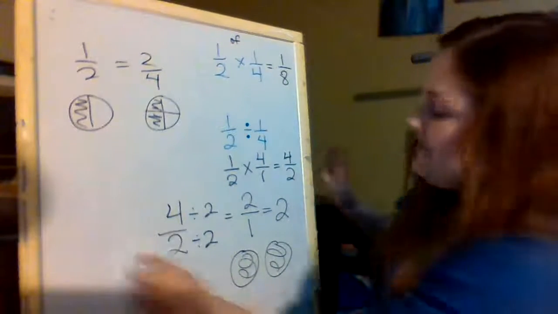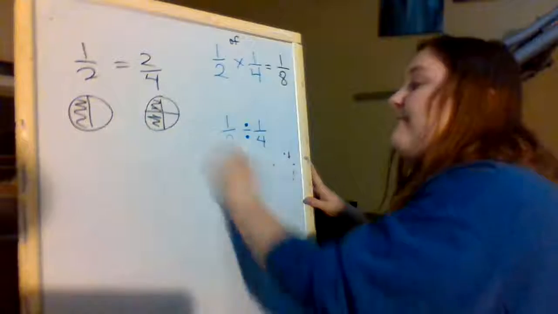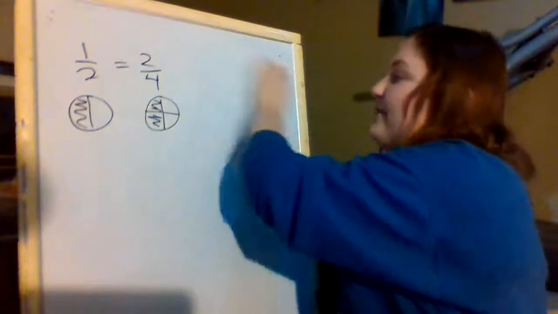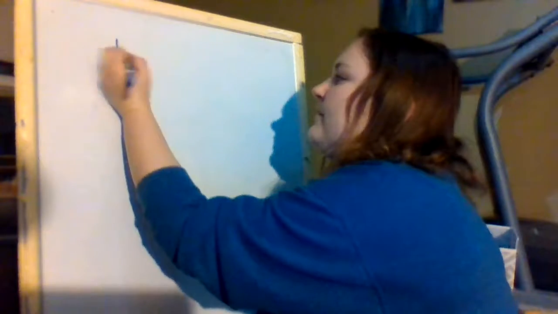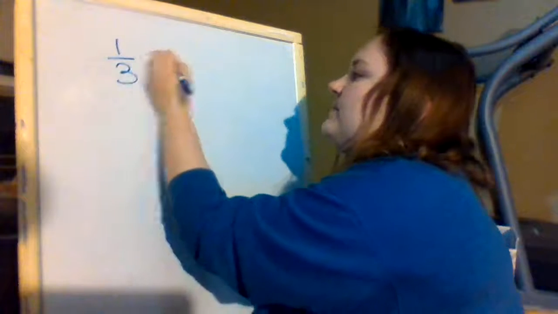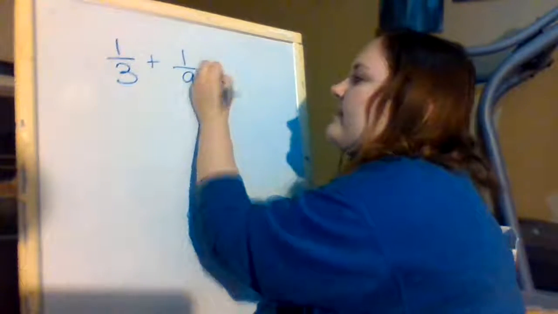For this last part of the video, I'm going to make up 4 problems for you to try on your own. You want to try them first. Pause the video, try them yourself, and then I'll give you the answers at the very end of the video. So let's do 1/3 plus 1/9.